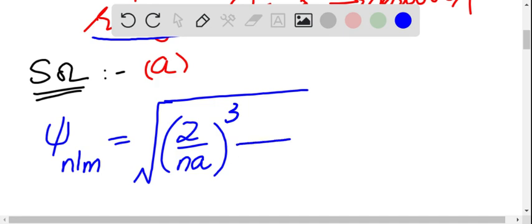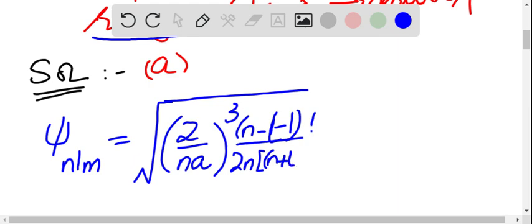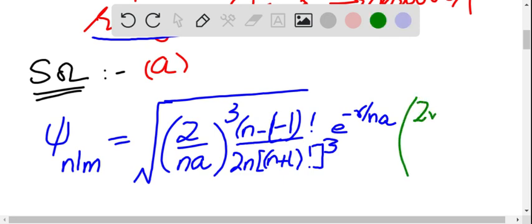So the other term over here is (n minus l minus 1)! divided by 2n (n plus l)!, cubed, exponential negative r divided by na. And the other part I'm going to write in a different color because it is a very lengthy equation. So divided by na raised to power l.